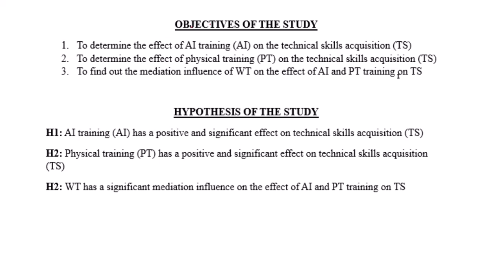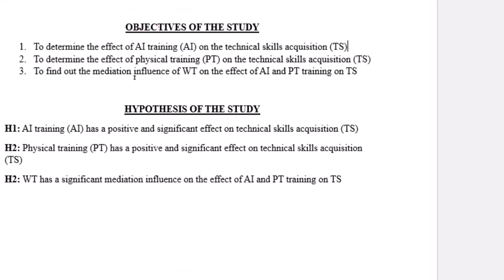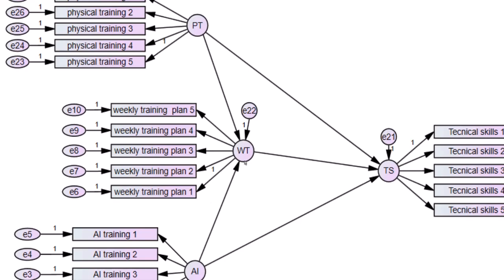Then it means this path here from PT to TS is our second objective. The third objective is to find out the mediation influence of WT on the effect of AI and PT training on TS. So it means our third objective is the mediating effect of WT on the effect of PT and AI on TS.